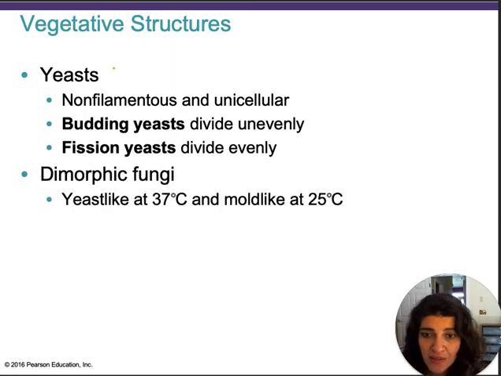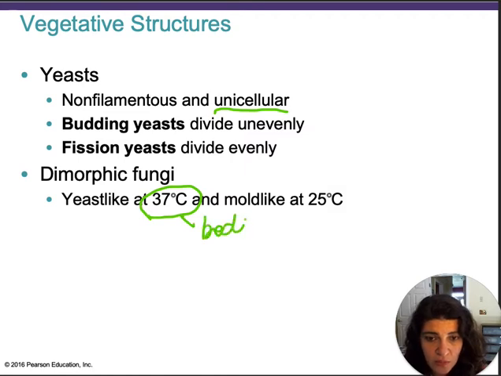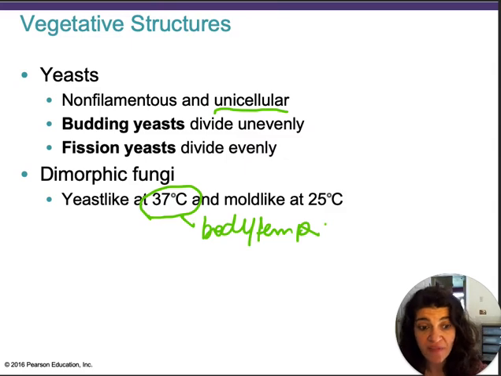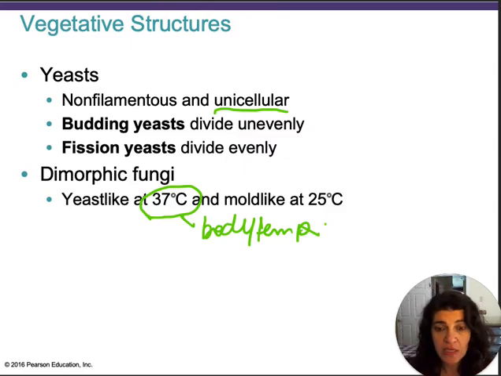Because yeast, which are the unicellular type or form of fungi, only one cell, they like to grow at 37 degrees, which is the human body temperature, right? Hope it makes sense. So fungi that are dimorphic are usually as mold in the environment and as yeast inside the body. It does not mean that you cannot find mold growing in an infection. There are some fungi that can grow as mold inside the body also, but it's not as common.